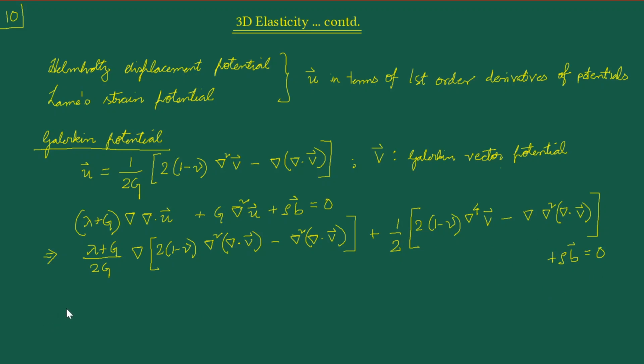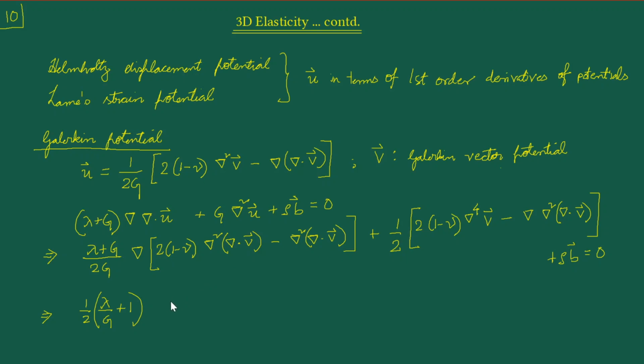Okay, now of course I can simplify this a little bit. So let me do that. Okay, so this, you note, is basically half lambda by g plus 1. This is 2 minus twice nu minus 1. These terms, this is common.